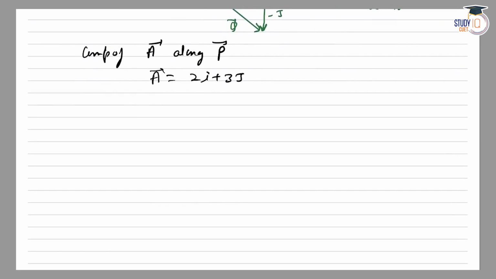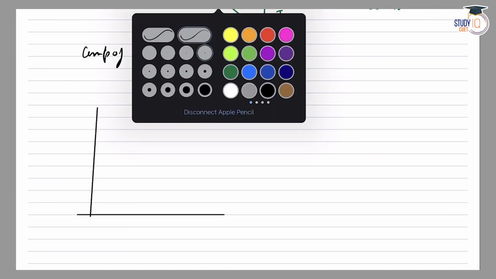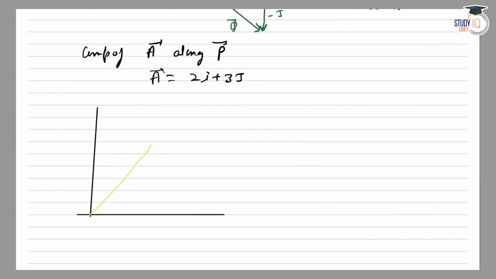So we can represent vector a graphically. This is the y-axis, this is the x-axis, and this is vector a. Its x component is 2 and y component is 3.